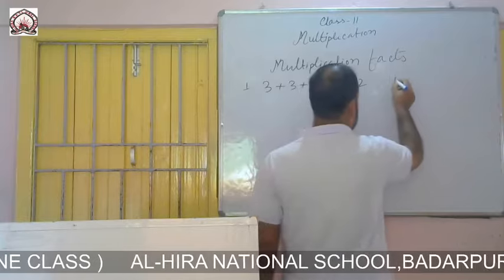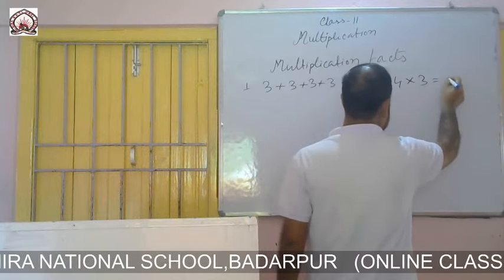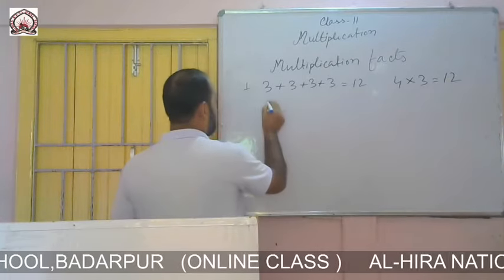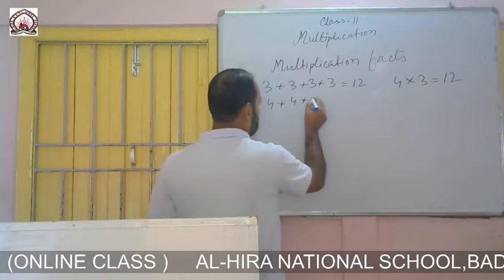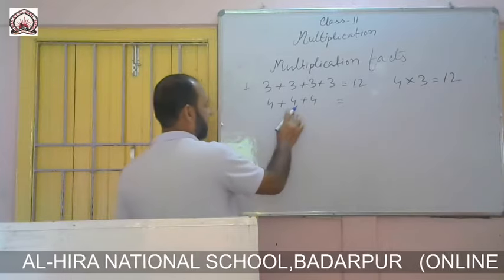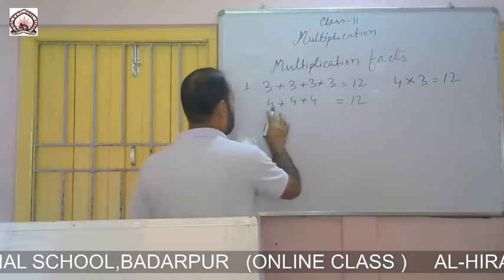So 4 3s are 12. Same, 4 plus 4 plus 4 is 4 plus 4 is 8. 8 plus 4 is 12.